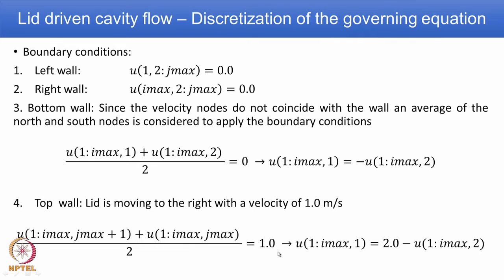Now, rearranging, you get the expression u 1 to i max comma j max plus 1 equal to 2.0 minus u 1 to i max comma j max.